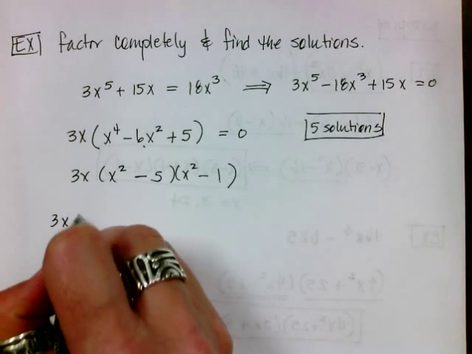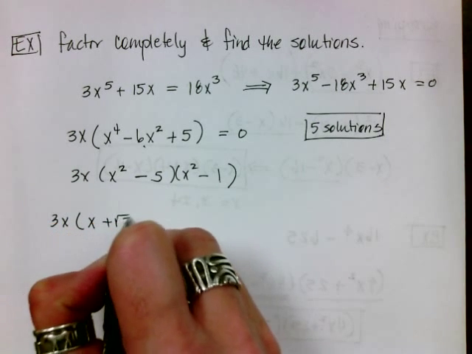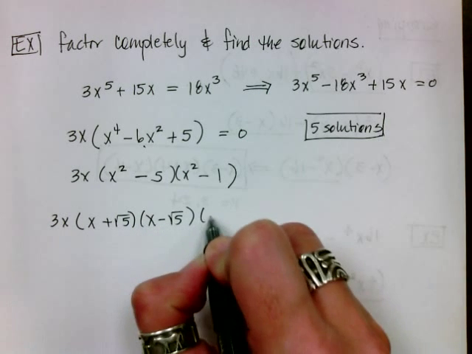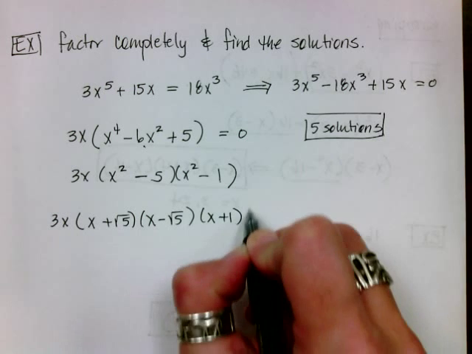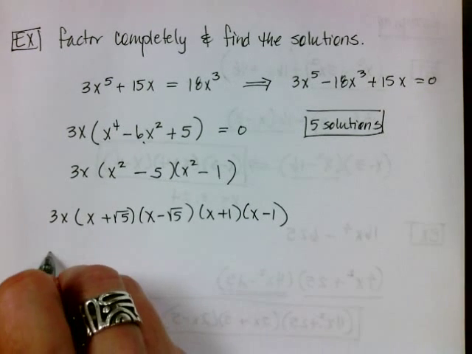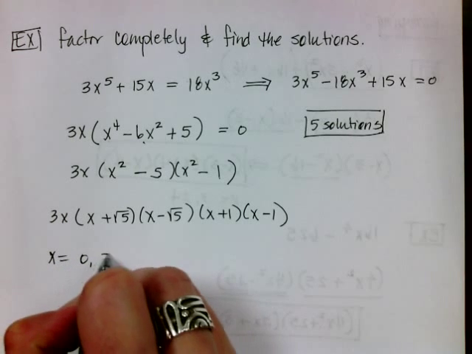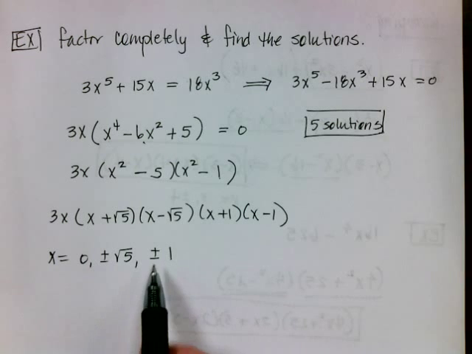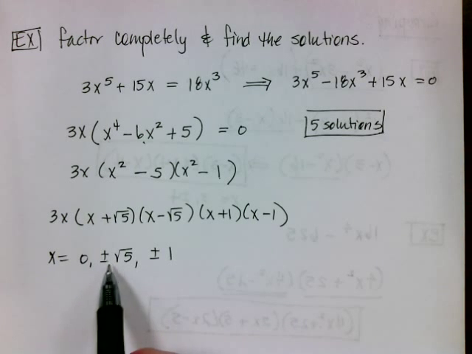I could rewrite this as x plus radical 5, x minus radical 5, and x plus 1 and x minus 1. Okay? And that would tell me that x is equal to 0, plus or minus radical 5, and plus or minus 1. There are 1, 2, 3, 4, 5 solutions.